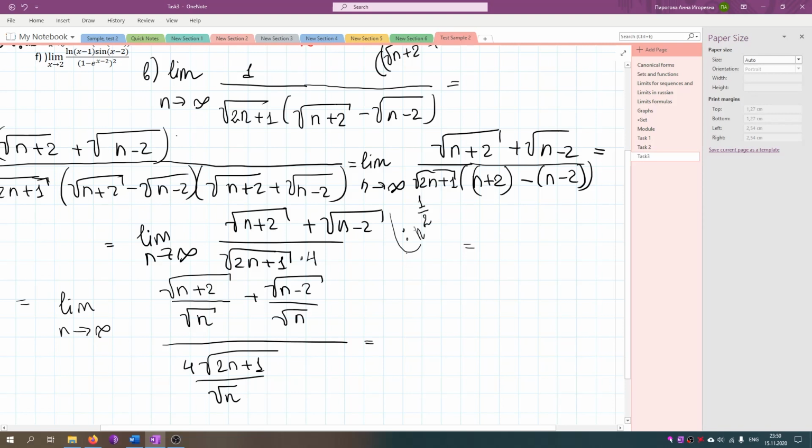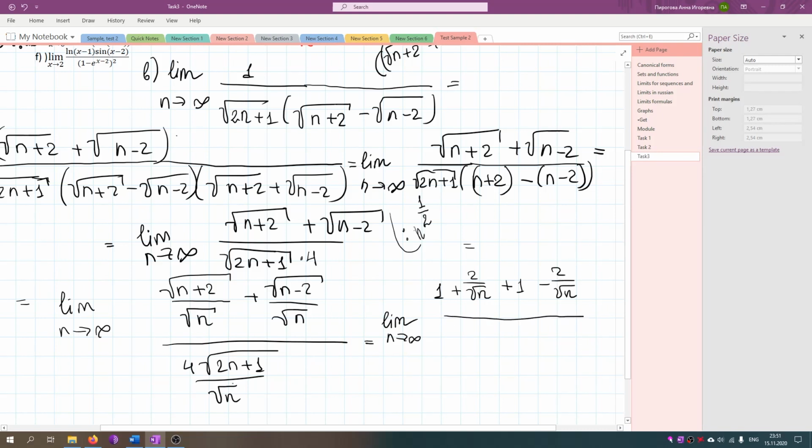Now let's simplify it even more. If we divide this by this, we will get the square root of 1 plus 2 divided by n. If we divide this by this, we will get the square root of 1 minus 2 divided by n.